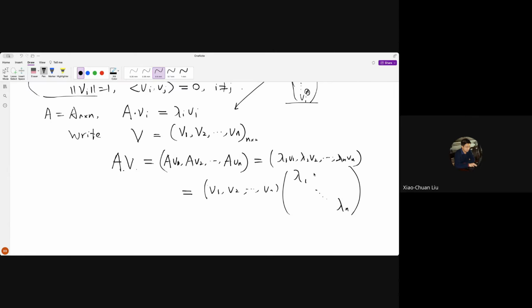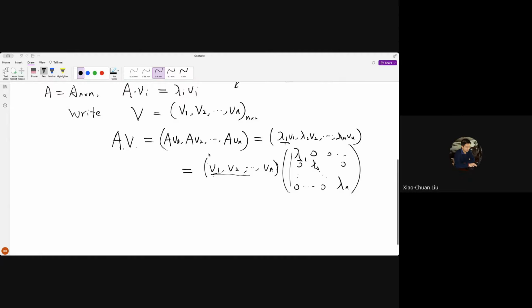It's a diagonal matrix, all of the off-diagonal entries are zeros. You can verify the multiplication: the first row times the first column gives lambda 1 V1, the second gives lambda 2 V2. And this is V itself.